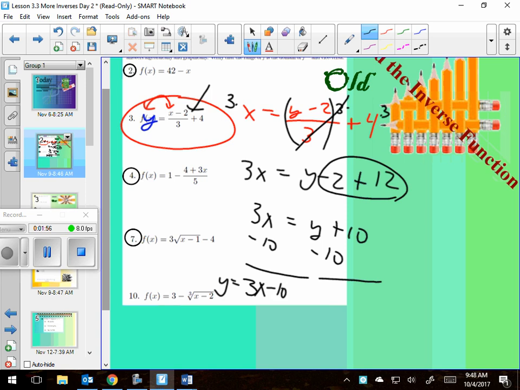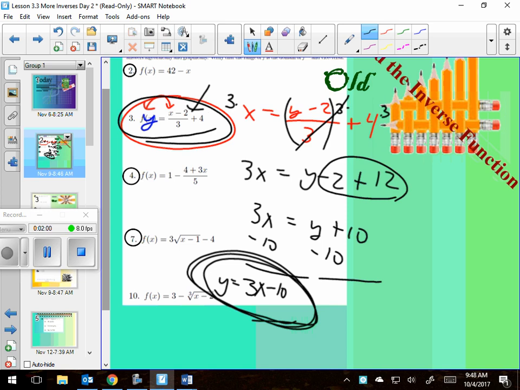But if I take this and I take this, my two functions that are supposed to be inverses of each other, and I do f of g of x and g of f of x, they should equal x. They should both come out to x.